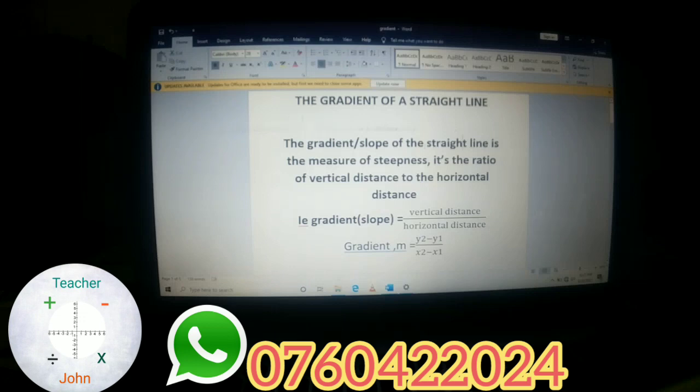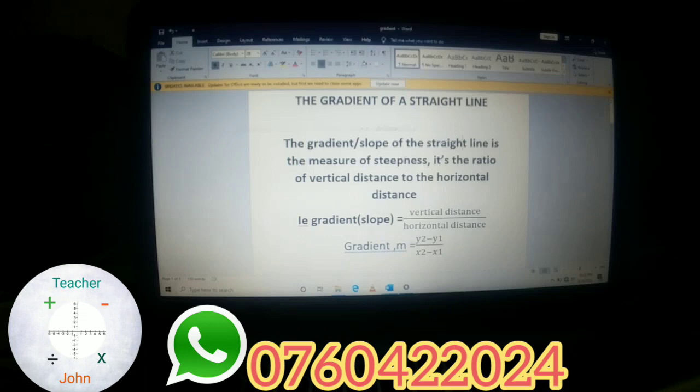Today, let's talk about the gradient of a straight line. The gradient, which can also be called the slope of a straight line, is the measure of its steepness.